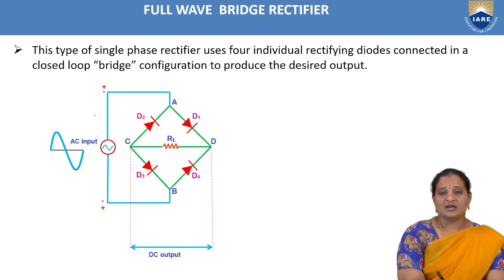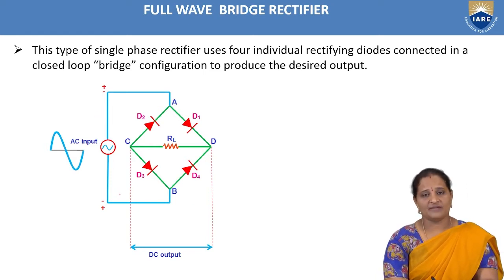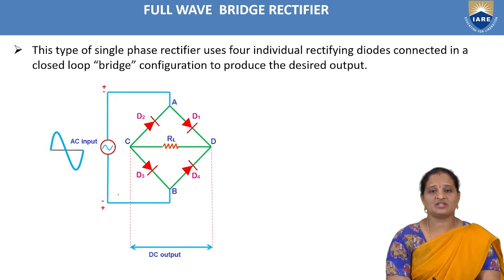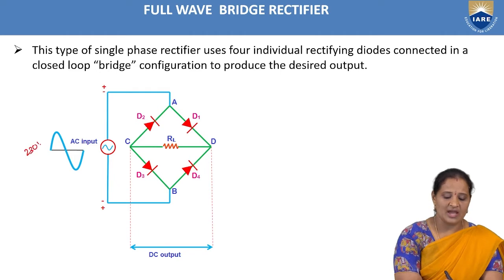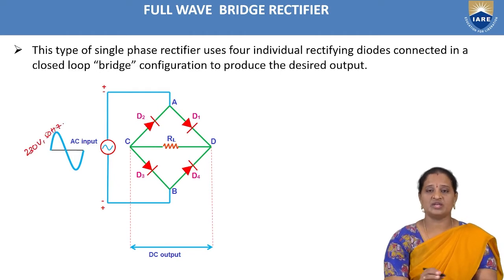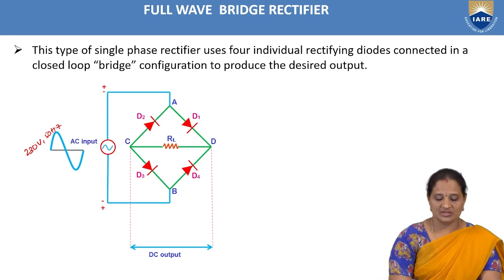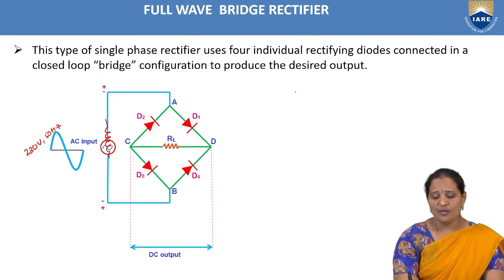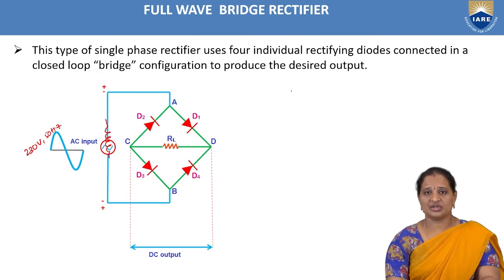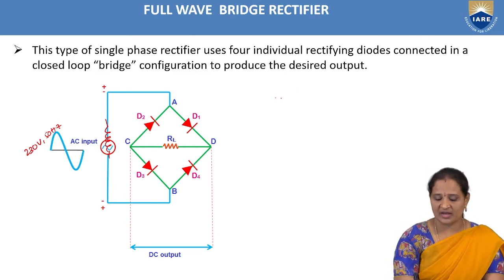Here, to the secondary winding of the transformer, the type of transformer we use is a step down transformer, in order to reduce the input AC voltage, which is 230 volts and 50 hertz, to some lesser voltage. This is the secondary winding. We can have a clear circuit diagram of a bridge full-wave rectifier like this.